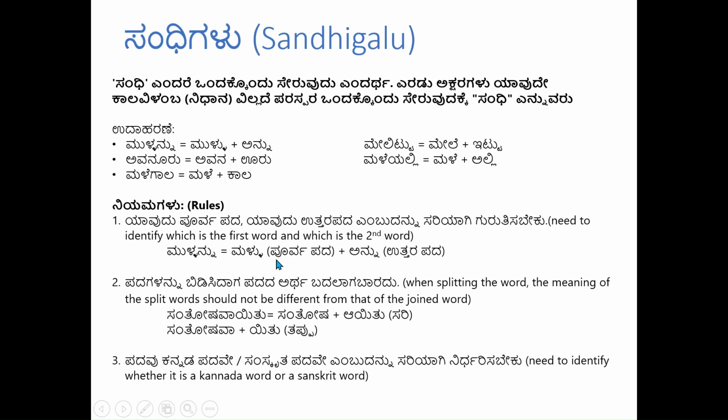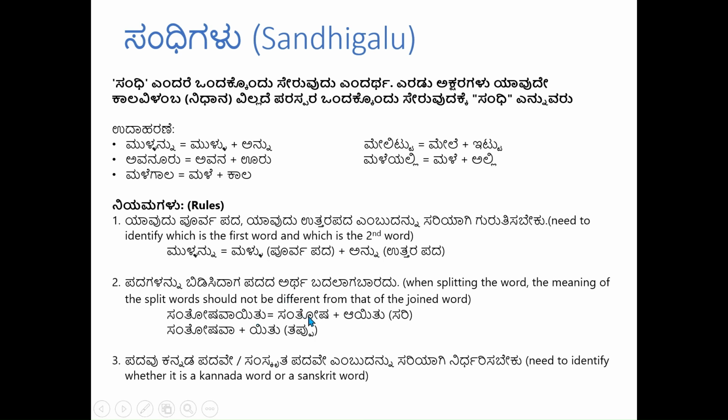So when we are saying that these two words join together to form the sandhi word, the reverse of that would be splitting of that word into constituent words. Now when you're splitting this single word into two constituent words, the meaning of these two individual words should not be different from the combined word.